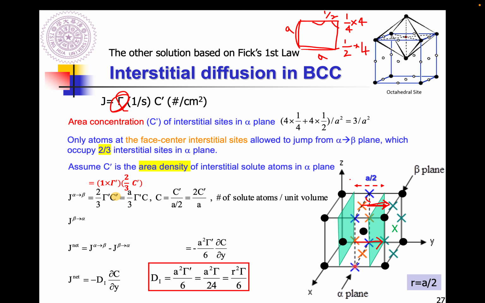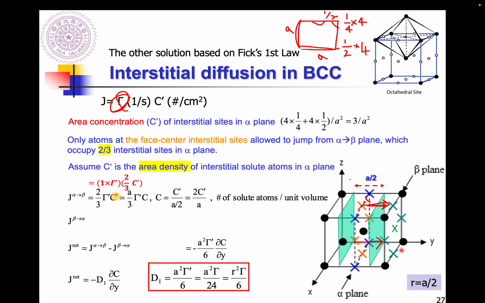So I pick this small cubic structure, and the distance here is a divided by 2. Because this cubic contains this area, we do not increase or decrease the number of atoms, and this will be the suitable volume to convert this area density to the volume density.